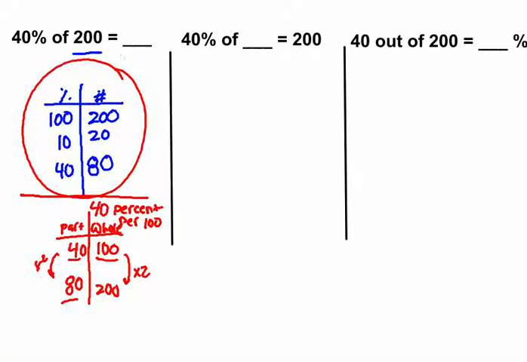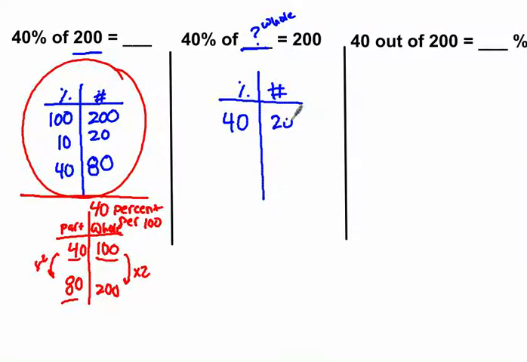In the second problem, 40% of what number equals 200? So in this case, we're missing our whole. But we know what the part relationship is. We know that the part of 40, or 40%, corresponds to a value of 200. Now we need to work in a different sort of order to find out what is our whole thing.